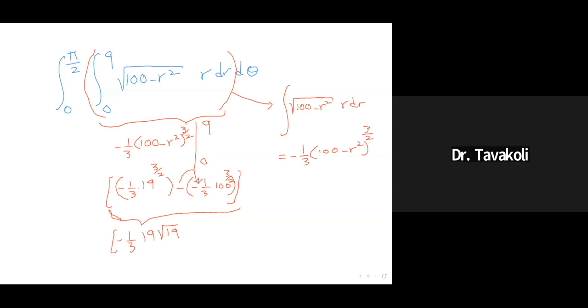Minus minus is plus 1/3 times 100 to the power of 3 halves. 100 to the power of 1 half, or radical 100, is 10, and 10 cubed is 1000. Okay, so this number is a constant for the outer integral, and that can be pulled out. So let me continue next page.